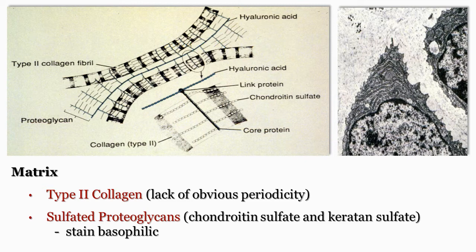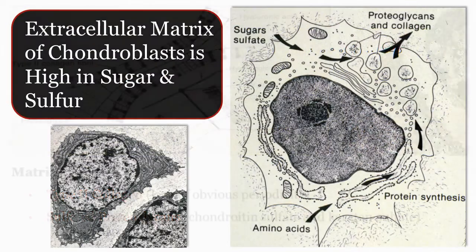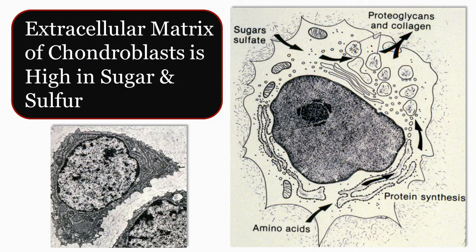Chondroblasts differentiate from undifferentiated cells in the perichondrium, and they begin to produce cartilage matrix around them. As a result, the cells get stuck in their own extracellular matrix. The space occupied by the cell is called the lacuna. A chondroblast stuck in its lacuna is now called a chondrocyte. Chondroblasts produce extracellular matrix, which has a high content of sugar and sulfur.